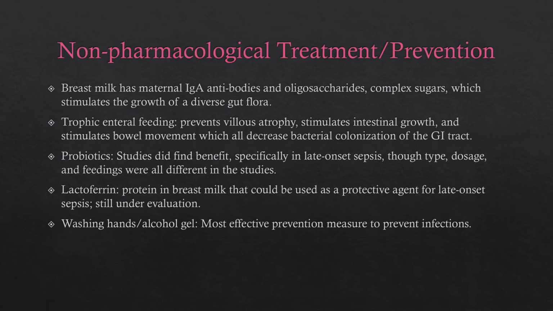And to go along with that, trophic feedings are also very helpful in order to get the GI tract moving and growing and decrease any other external colonization that we don't want that could cause sepsis.